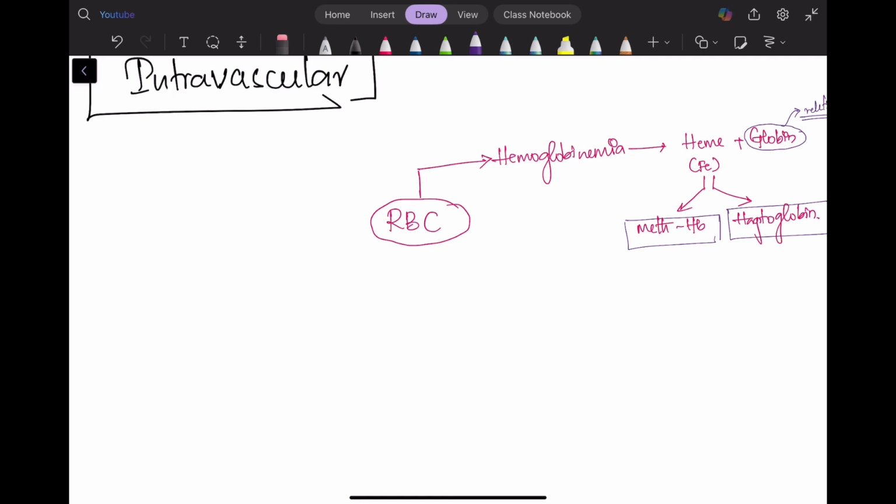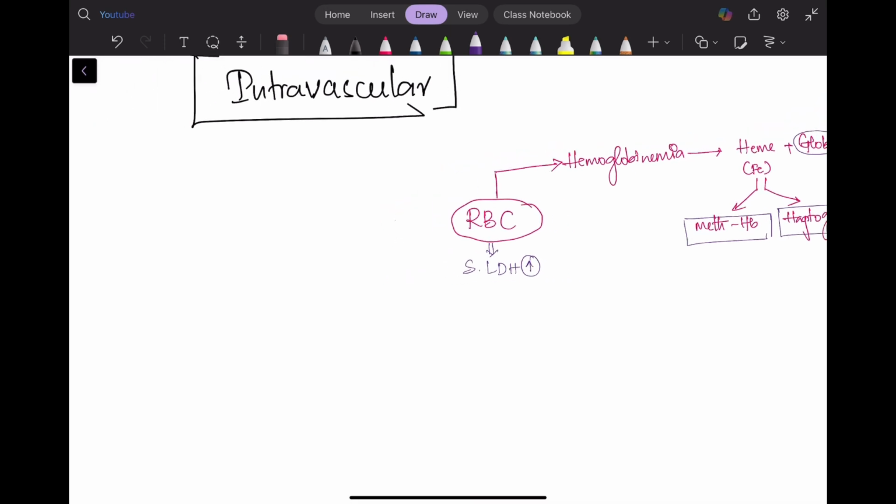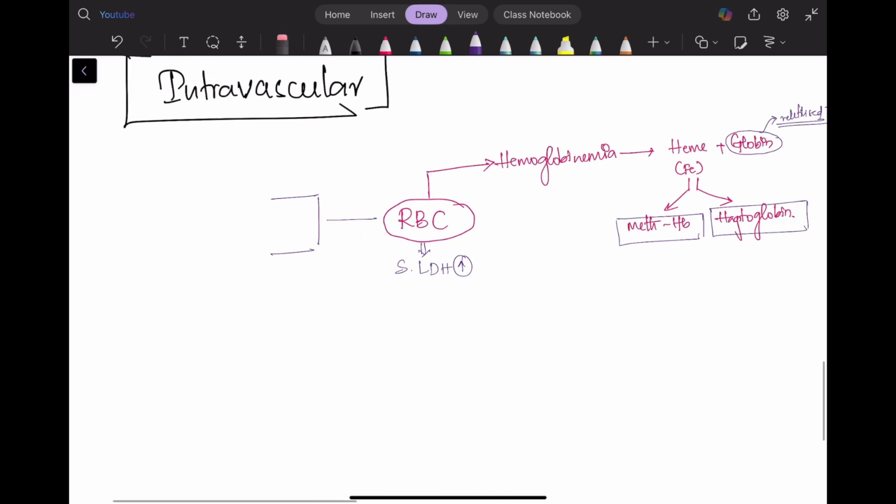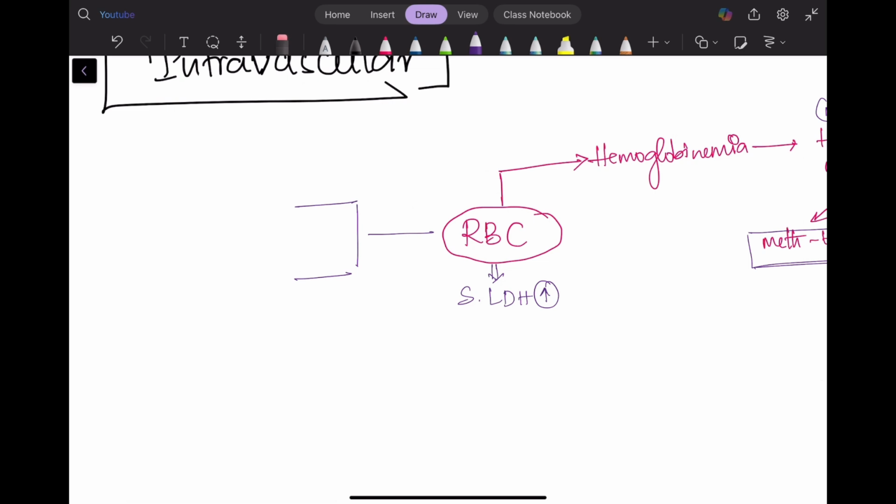Okay, then what happens? So first it's breakdown, where you can see two products, methemoglobin or haptoglobin. Then we will continue. So third one, you will see it will be excreted in the urine. So what you will say? Hemoglobinuria. Very important.